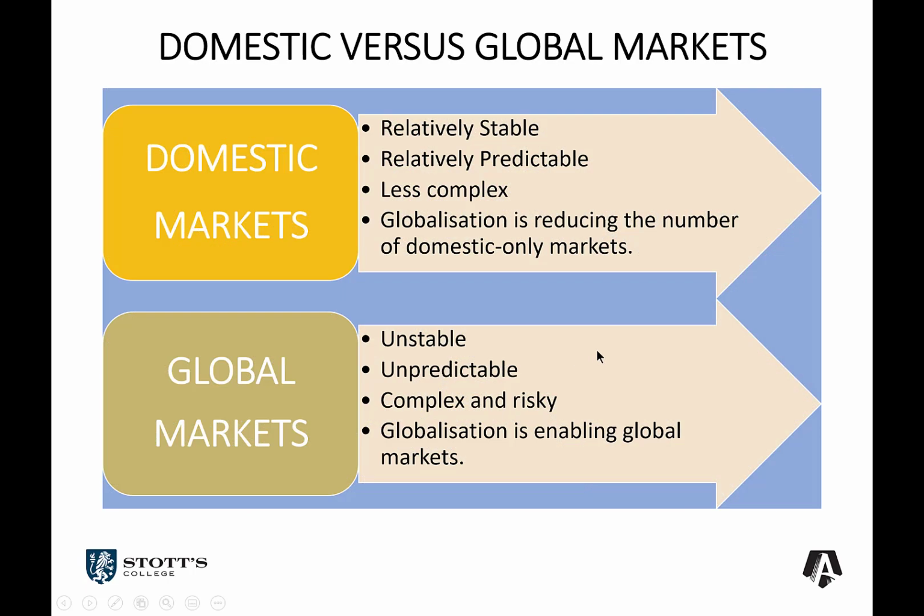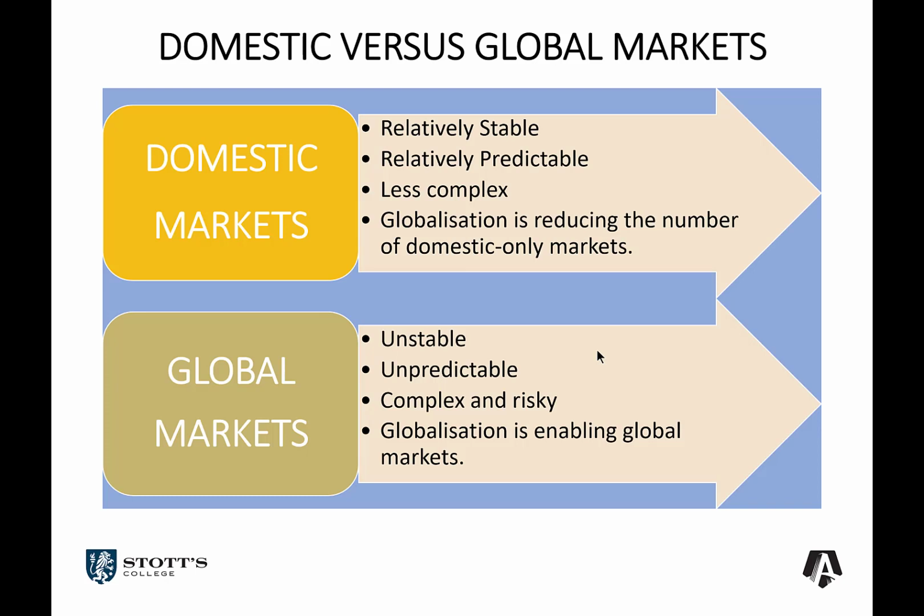So, before we introduce objective 1, let's introduce 2 aspects of international strategy that are important. The first is the difference between domestic and global markets, and the second is our model of international strategy.